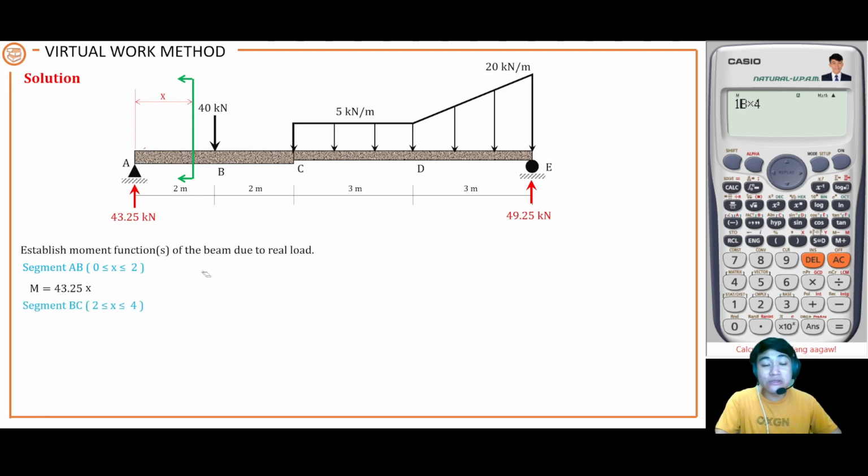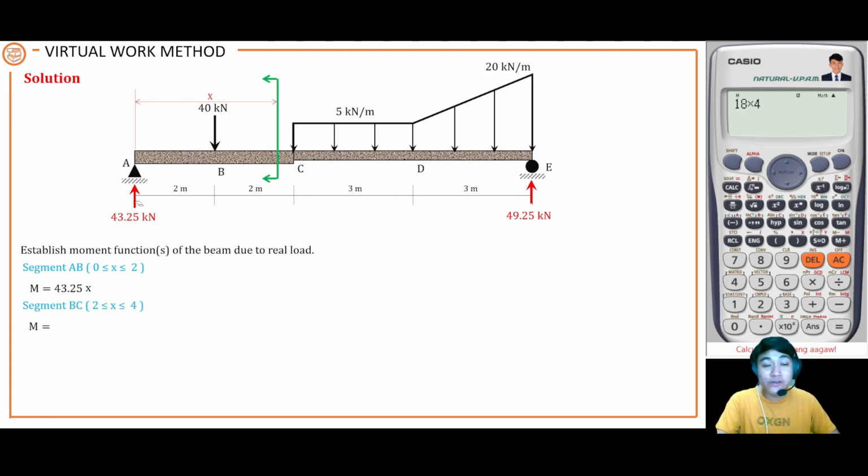Now let's proceed to segment BC. For segment BC, we are now going to extend our cutting section from B to C, and this cutting section will only move from B to C. Take note that the value of x here is only limited to 2 to 4 meters. So we are going to cut the section considering left and take moment about that cutting section.